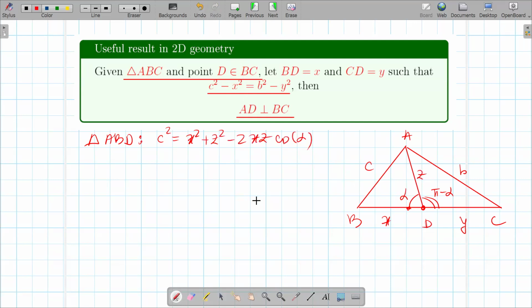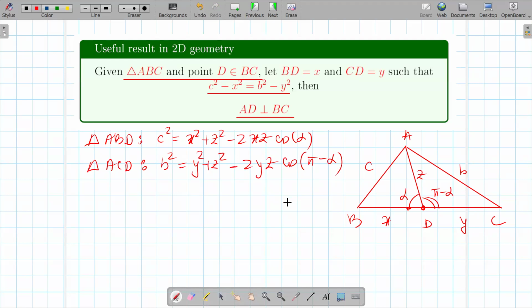cos of alpha. And then if we write the same cosine law in triangle ACD, again, using this time the angle pi minus alpha, you get b squared is equal to y squared plus z squared minus 2yz cos of pi minus alpha.